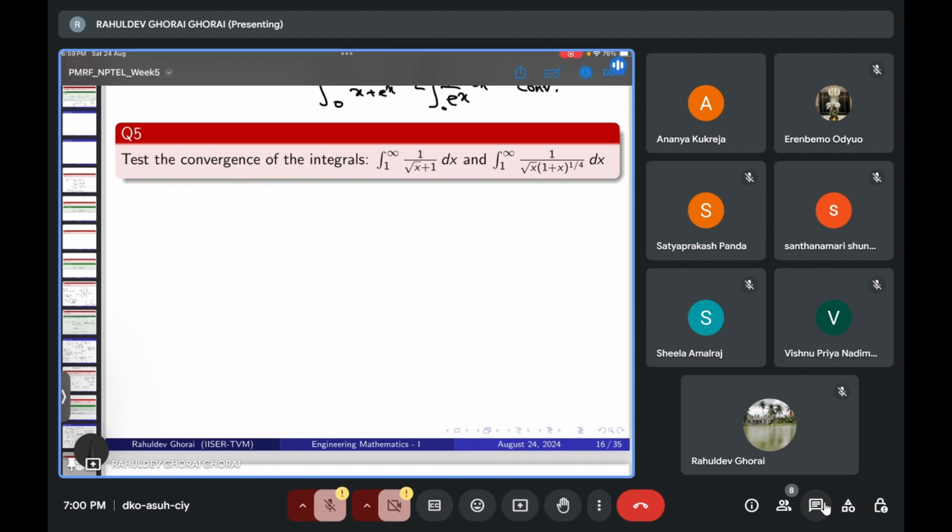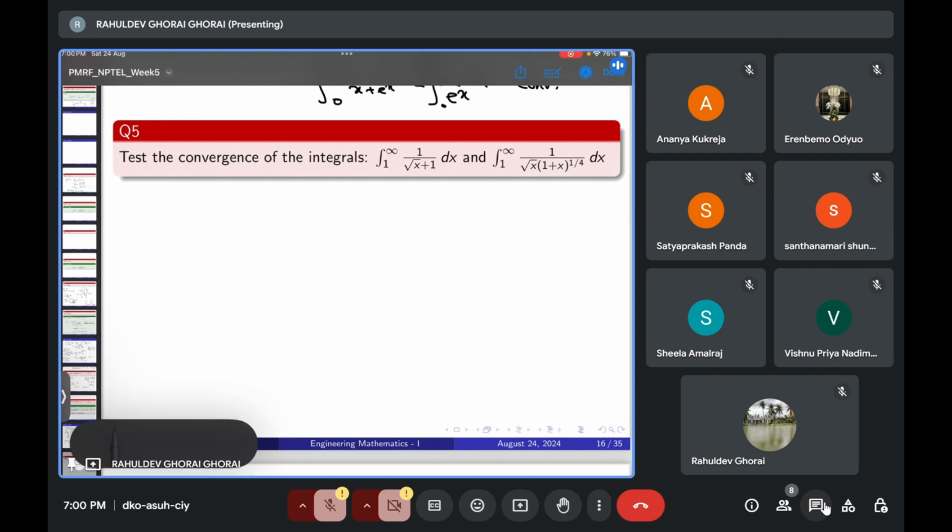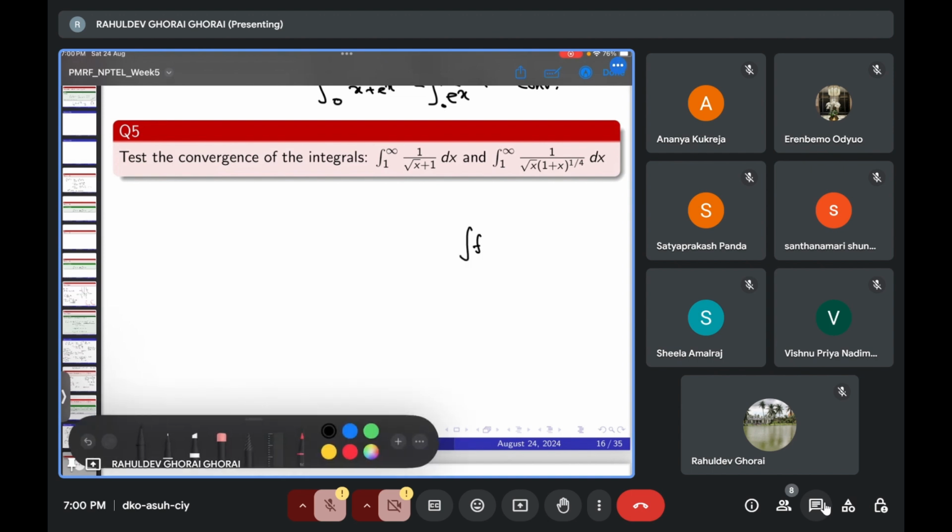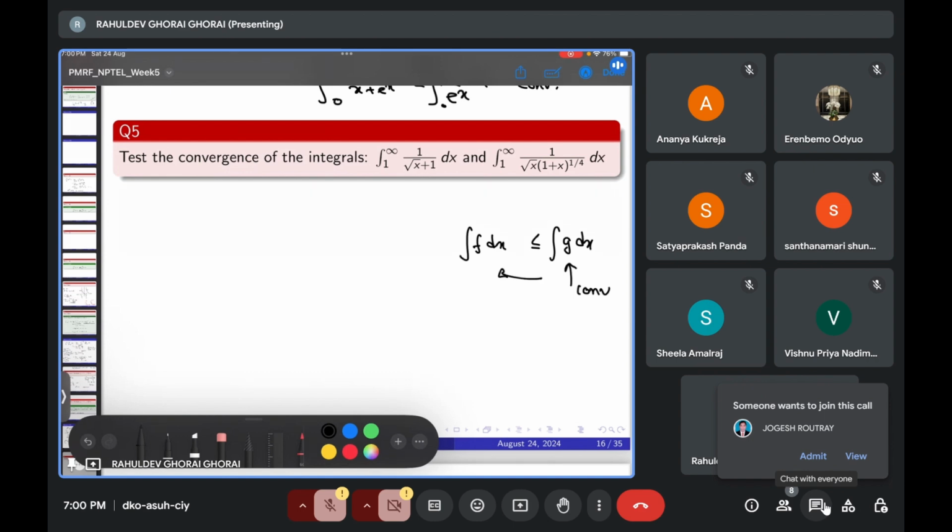If I remember correctly, see, I will tell you. If you have the integral of f(x) dx less than or equal to the integral of g(x) dx, then if this one converges, you can say the smaller one converges. But if the larger one diverges, then you cannot say the other one diverges.